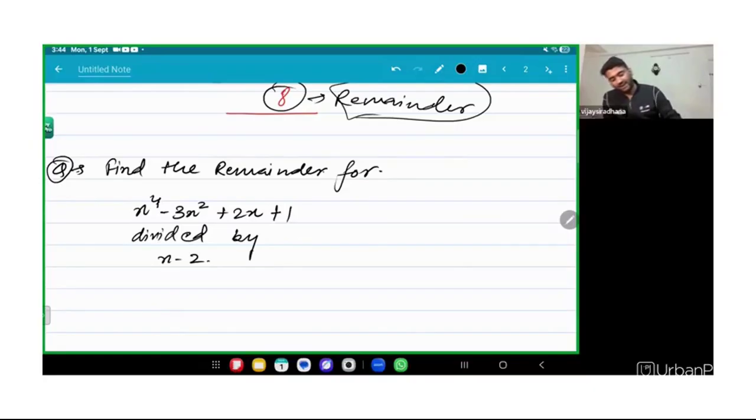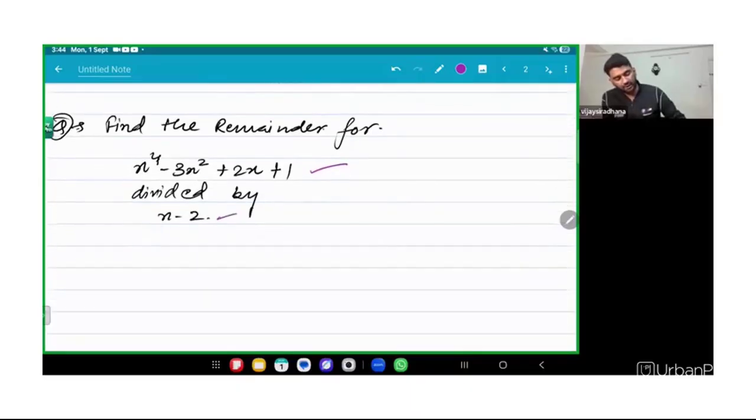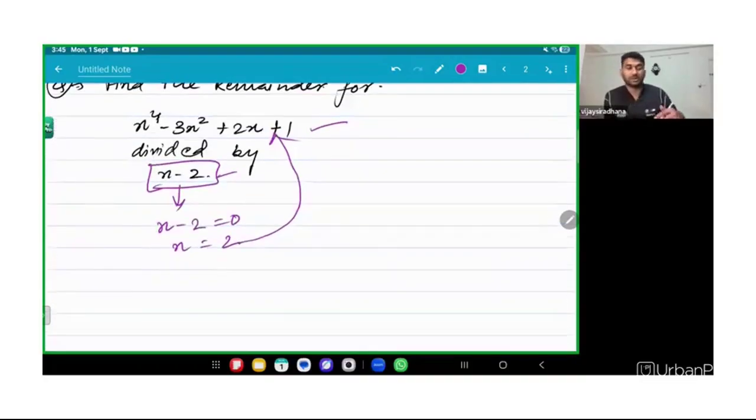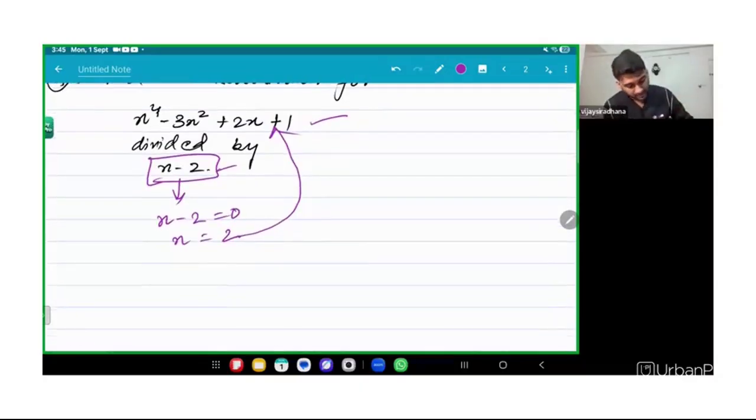Now, if we are dividing this polynomial with x minus 2, so first of all, we need to equate this with 0. x minus 2 is equals to 0. So x is equals to 2. Now we need to put the value of x, which is 2, in this polynomial. So let's see what will be the remainder.